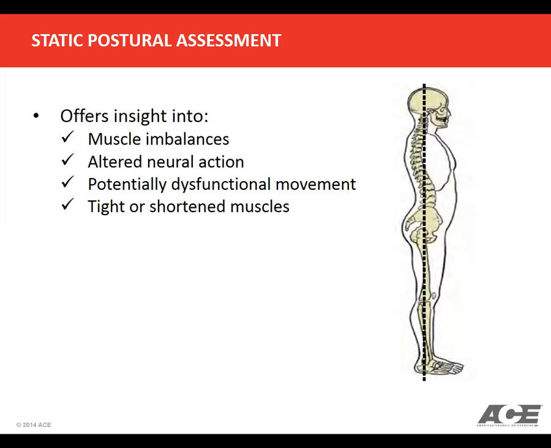Again, it can lead to altered neural action. So when you do look at muscle imbalances, it's just like gigantic one size because of overdoing things. Yes, you can see altered neural action, which leads to dysfunctional movements.